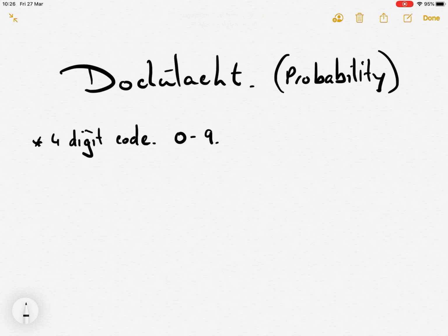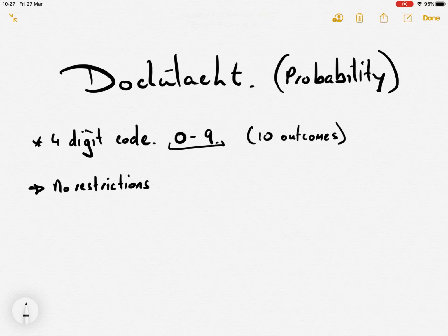If you count up on your fingers the numbers 0 to 9, there should be 10 outcomes. For the 4-digit code, I'm going to do it 3 times. The first one is if there are no restrictions. So for a 4-digit code with no restrictions, I can use any numbers on the keypad, 0 to 9. I could even use 0 all the time.